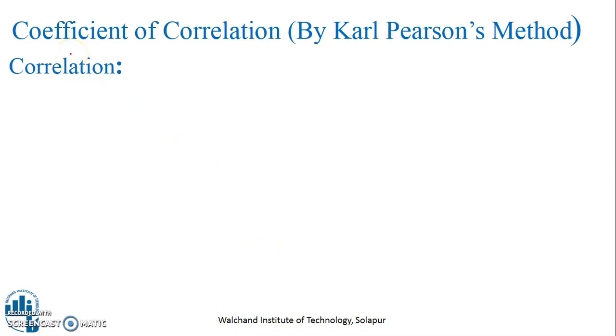Now let us consider the first content of the topic, coefficient of correlation by Karl Pearson method. Before going to the definition of coefficient of correlation, first of all see the meaning of correlation. Correlation is nothing but dependence.